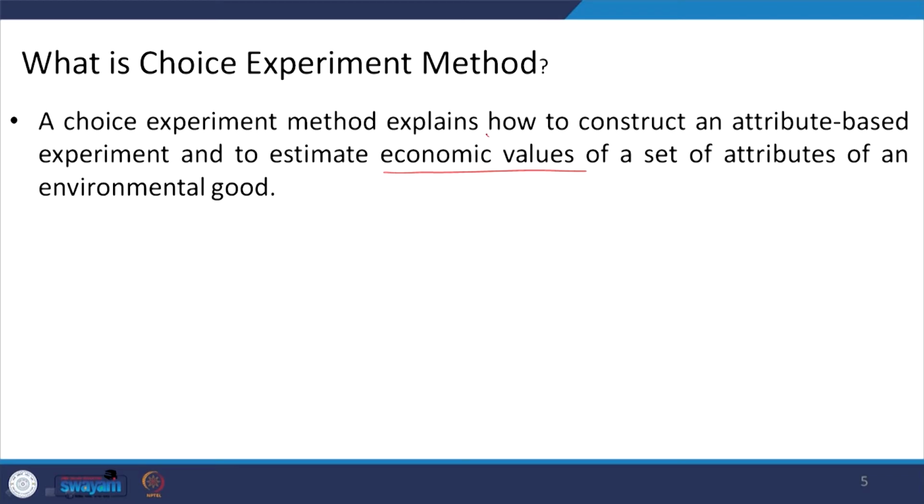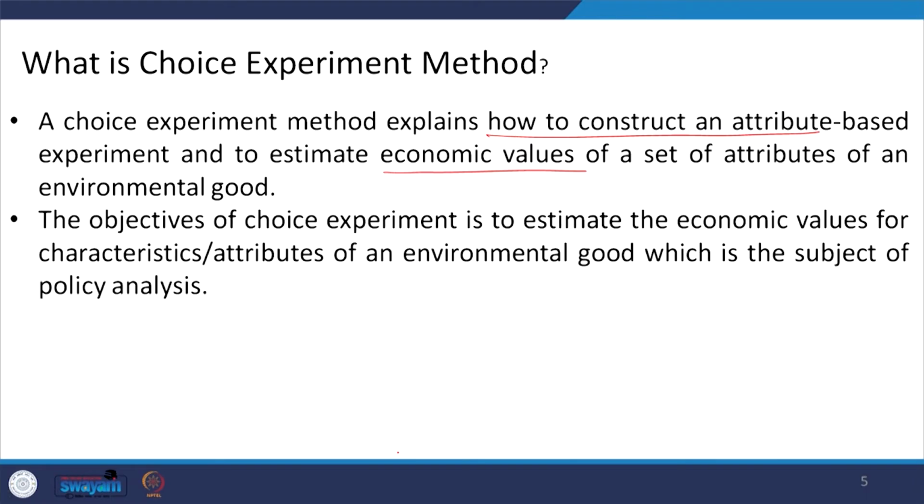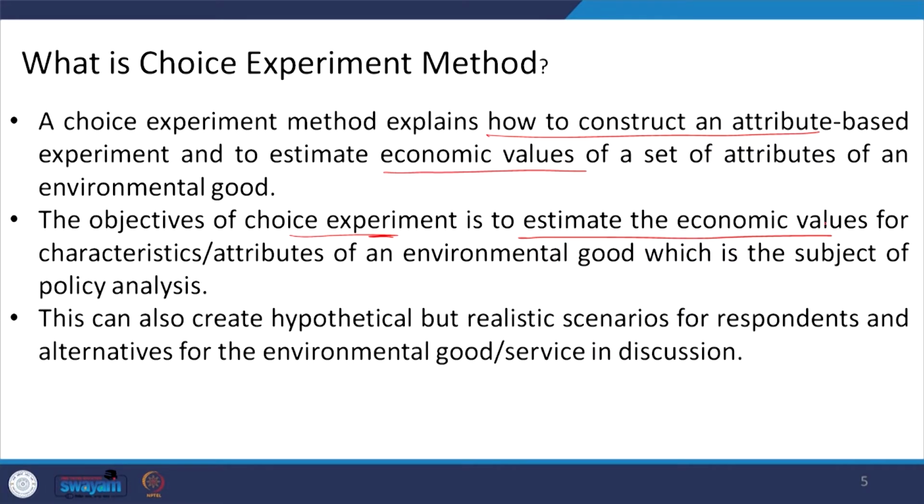One is how to construct an attribute based experiment, and second, how to estimate the economic values associated with a set of attributes of a particular good or environmental service. The very objective of this choice experiment is to estimate the economic values for the characteristics or attributes of that good or service in question. Obviously, this good or service in question is a part of your policy analysis.